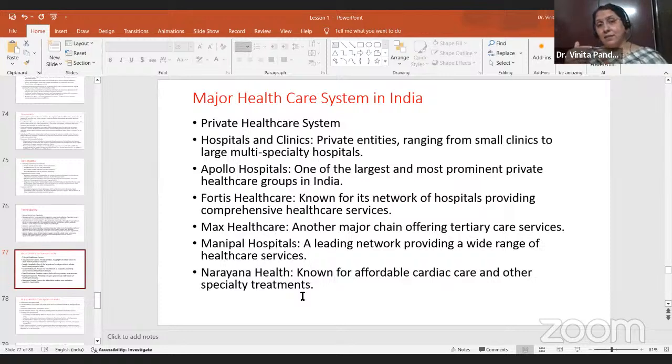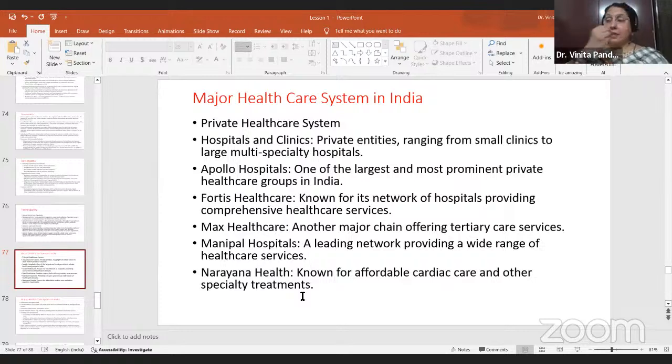Fortis Healthcare is another private healthcare chain which is prominent in India. Max Healthcare, again, is there in different parts of India. Manipal Hospitals also has made its name. Narayana Health for cardiac care, you might have heard.